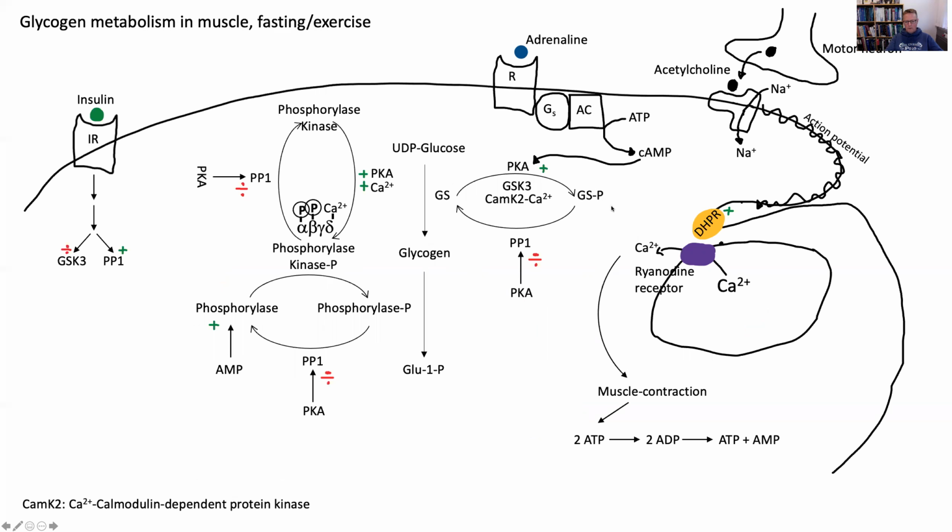So we keep it as the phosphorylated form, as we do with the phosphorylase and phosphorylase kinase. So this step is actually quite important in order to control how the enzymes involved are being kept as phosphorylated.